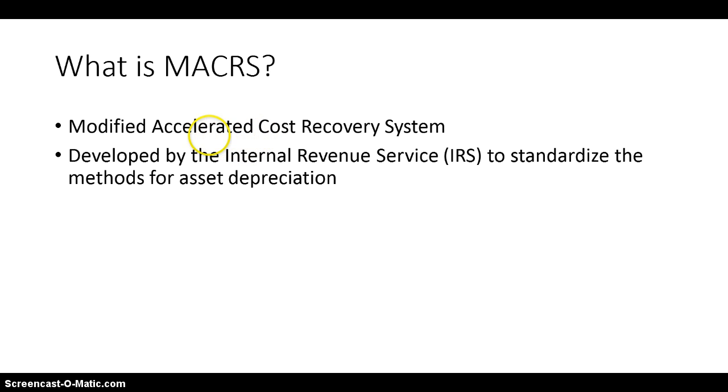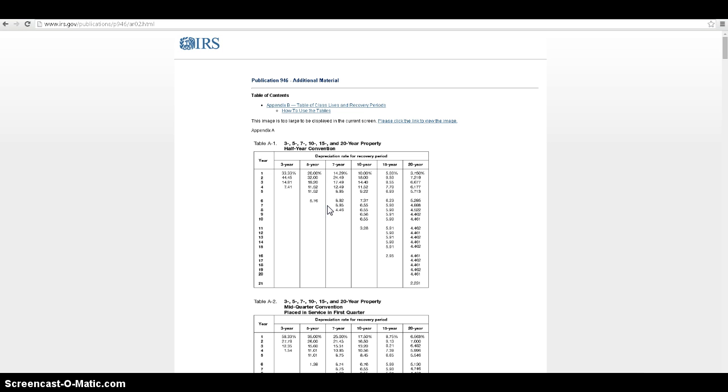To calculate the depreciated value of this 5-year life asset in the 4th year, we must look at the MACRS table given by the IRS online. The MACRS method of depreciation is broken down by the lifespan of the asset, which is 3-year, 5-year, 7-year, 10-year, 15, and 20 years.